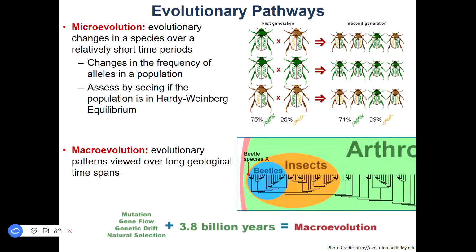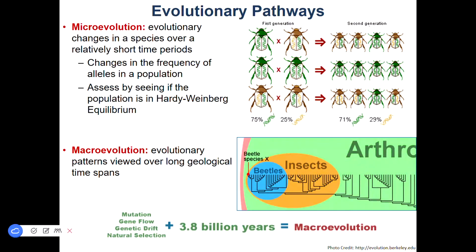The other type of evolution that we're interested in as biologists is macroevolution. And this is evolutionary patterns viewed over long geological scales. So if we know these are all beetles. There's many different species of beetles. Here's our one species of beetle in the red dot that we're interested in. We know there's many different species of beetles, and they're all similar to each other.